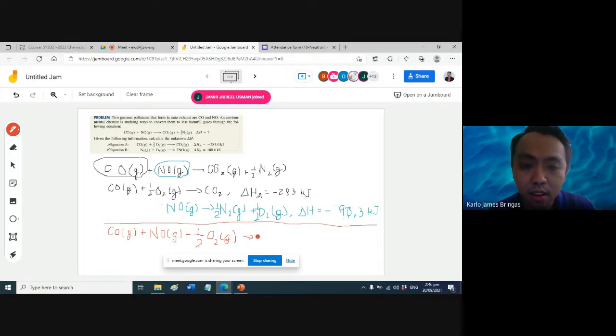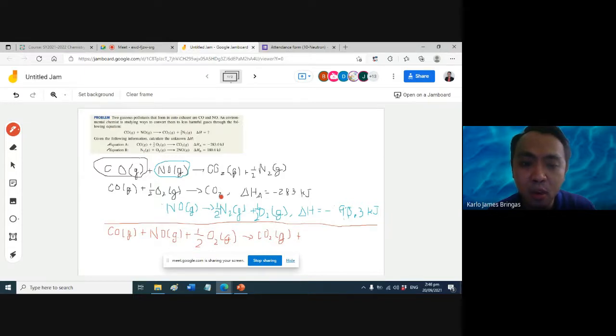Now for the product side, we have carbon dioxide. So copy ko lang yan. So that's CO2 gas plus the 1/2 nitrogen. Wala siyang katulad sa reactant, sa product side pa rin.